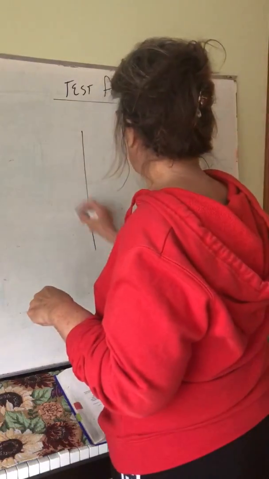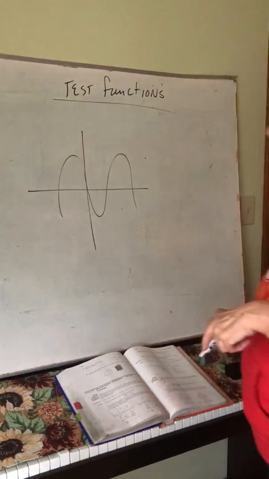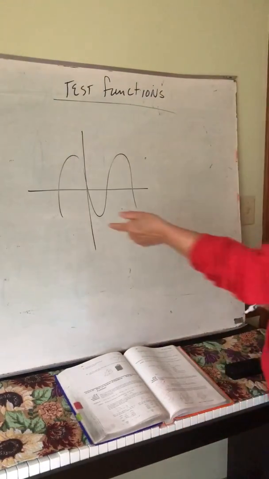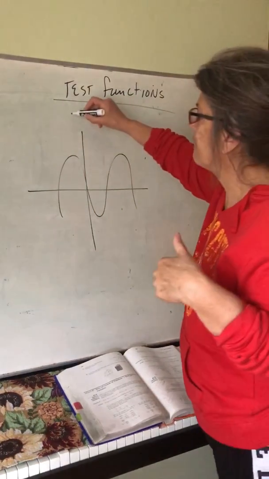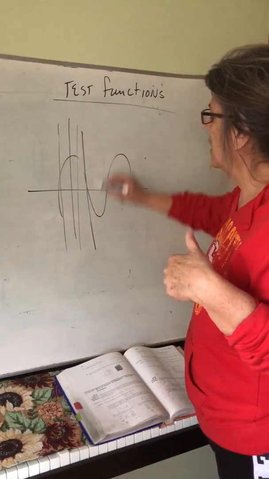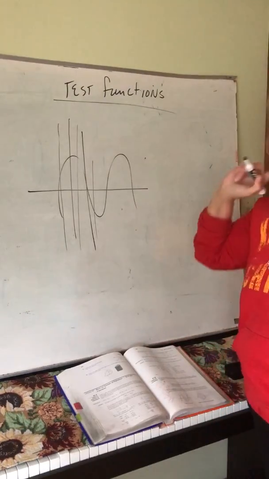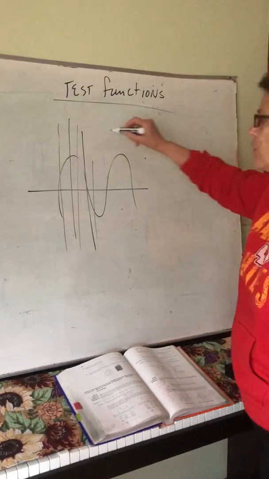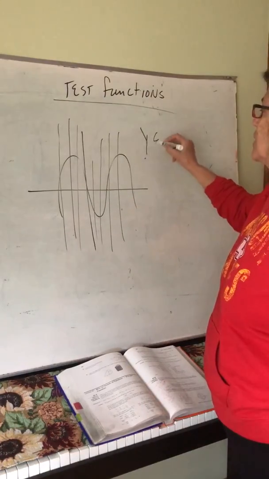The function test is, say this is our graph of a line, and if I can draw a vertical line and only hit one point, or intersect one point of the graph in any vertical line I draw, then I have a function.